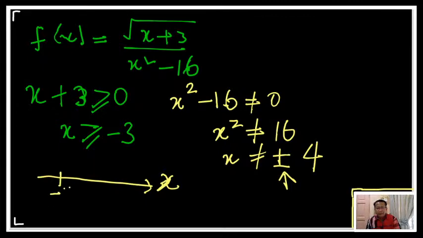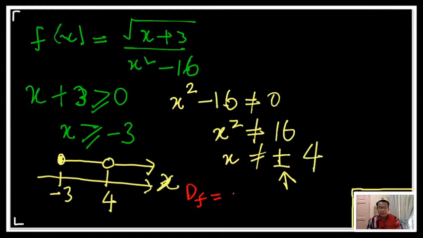We have minus 3 and we have 4. So from here to 4, not including 4, and up to here. So the domain is minus 3 to 4, union 4 to infinity.